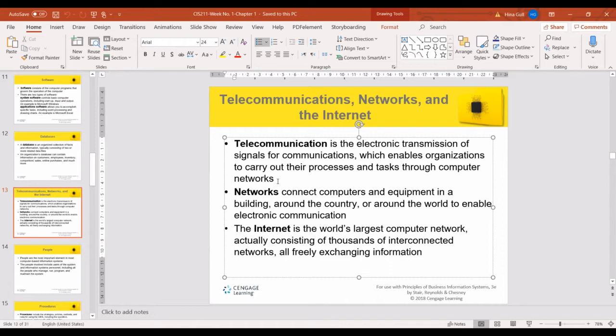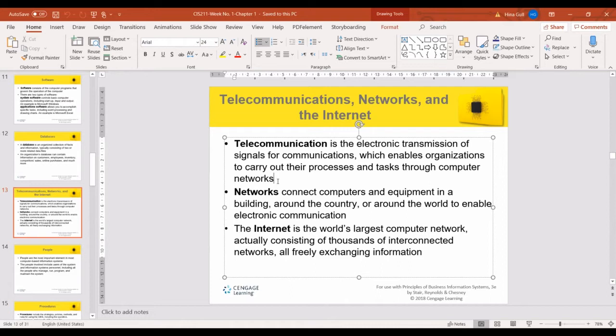Yes, we did. There are many computers and they are connected with each other. We saw the big servers at the back of the room. So telecommunication is basically signal transfer.